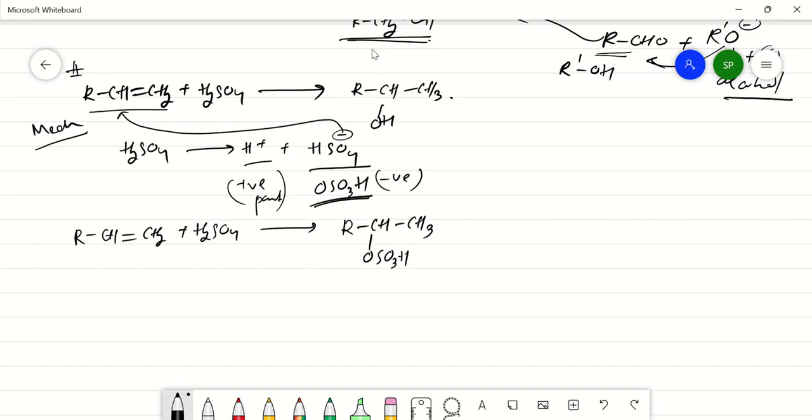This positive part will be attached to the carbon with more number of hydrogens, and this negative part will be attached to the carbon with less number of hydrogens. So this will produce this one, and after hydrolysis, or we can say H2O boiling, this will produce RCHOH CH3, the production of secondary alcohol.